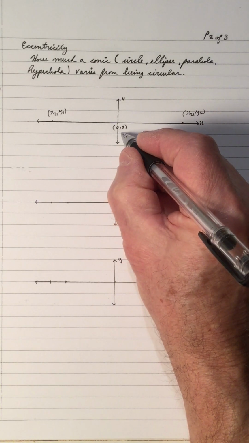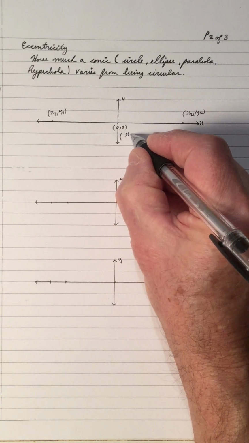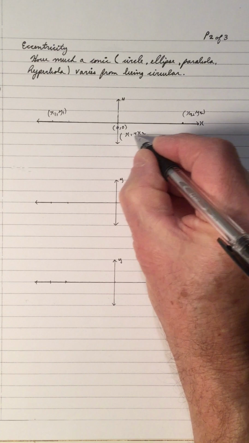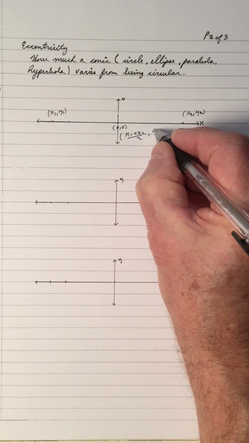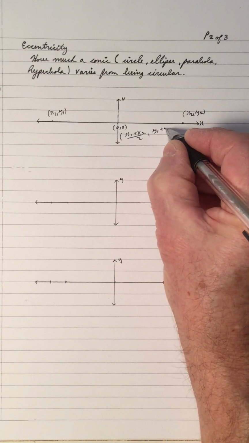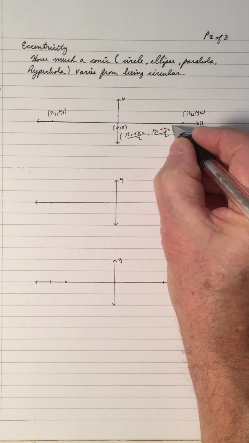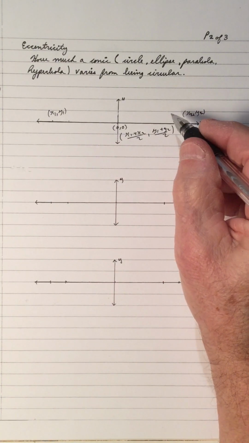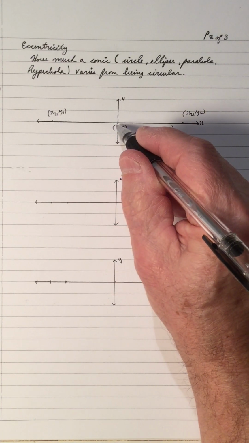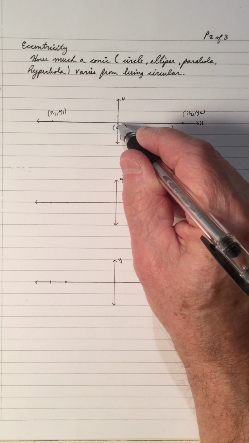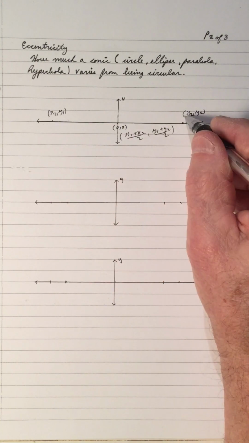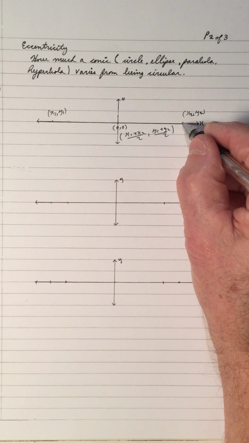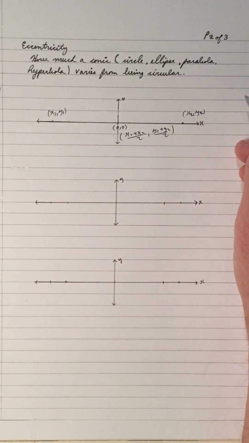That center is the midpoint, which is found by adding up the x's and dividing by 2, and adding up the y's and dividing by 2. So the midpoint of these 2 points is the center of this horizontal segment right here.